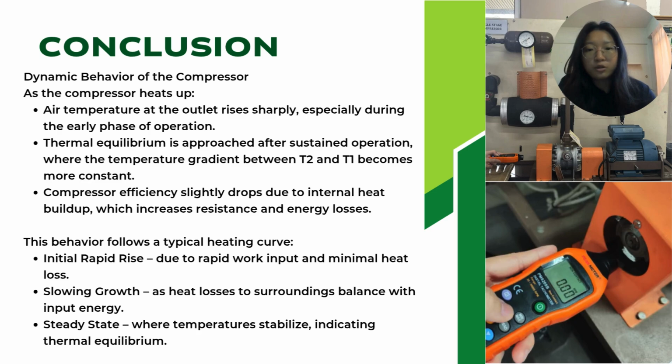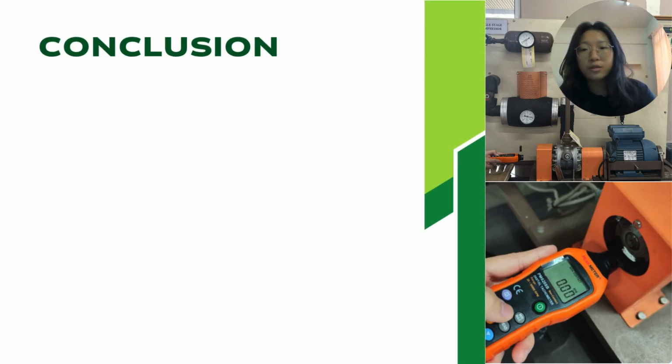The compressor efficiency slightly drops due to the internal heat buildup, which increases resistance and energy losses. This behavior follows a typical heating curve, which is an initial rapid rise due to the rapid work input and minimum heat losses, then slowing growth as the heat losses to the surroundings balance with the input energy. And the last one is the steady state, when the temperature stabilizes, indicating thermal equilibrium.